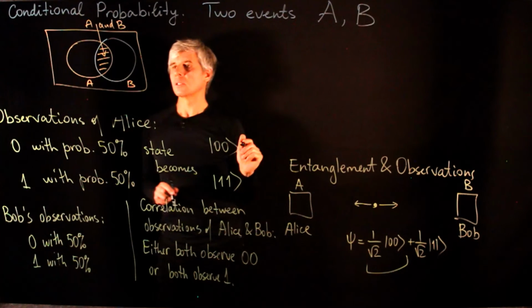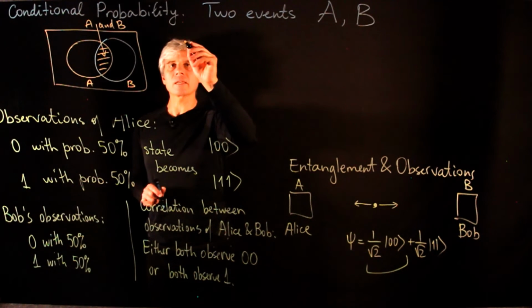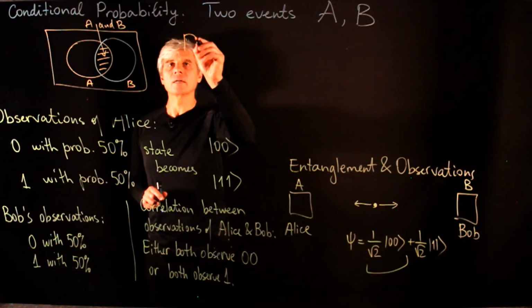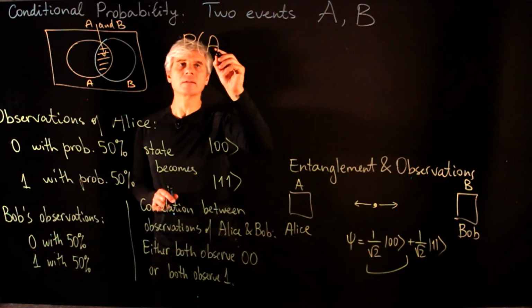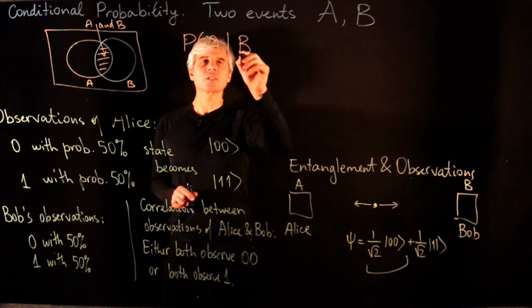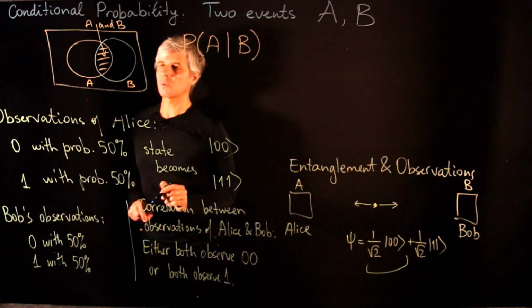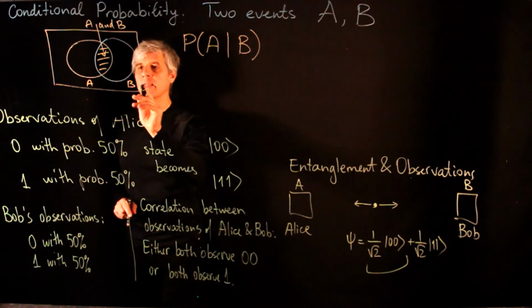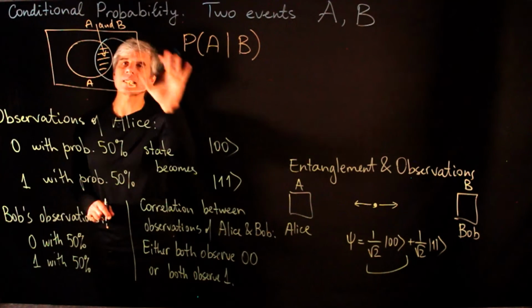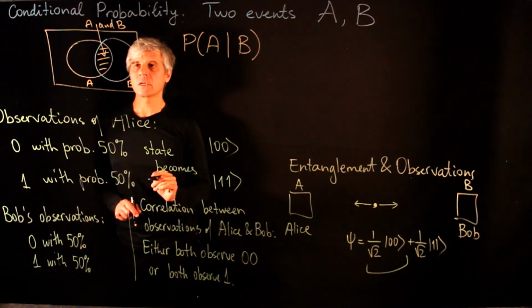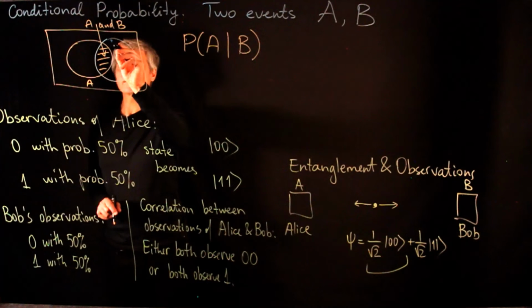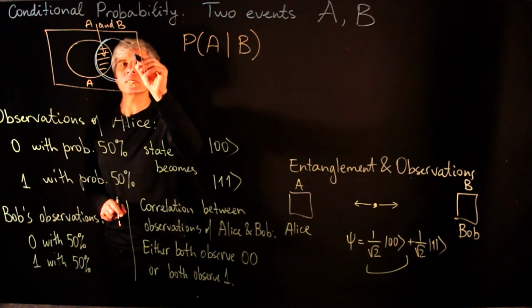Now, what is the conditional probability of A under the condition that B happens? So here what we do is instead of looking at the whole space of possibilities, we only look at the part where B happens, right?